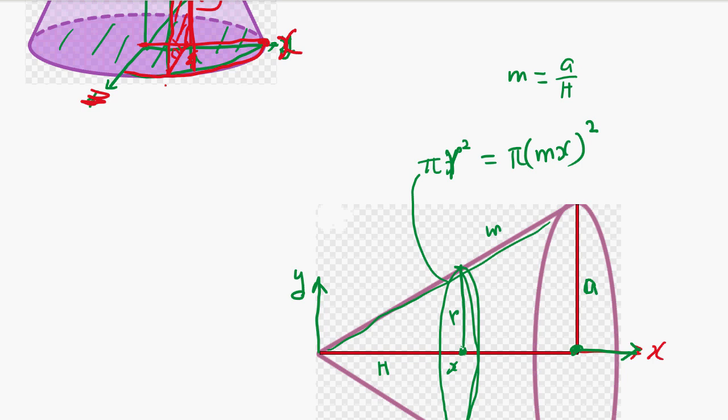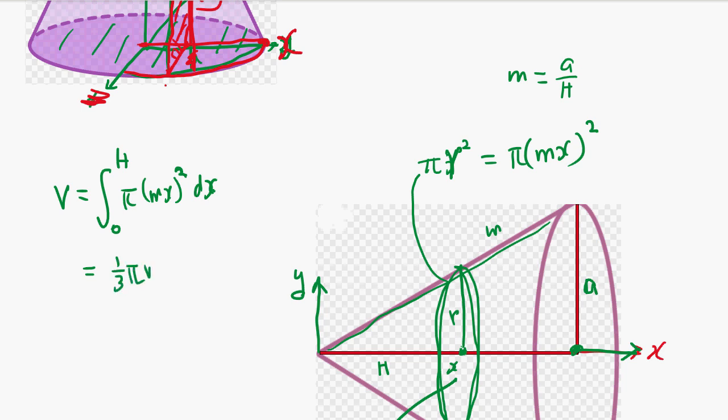Okay, so this is the disk for dx, you multiply dx, the volume is going to be the integral from 0 to h of pi m x square dx, right? It's going to be 1/3 pi m square x cube from 0 to h.